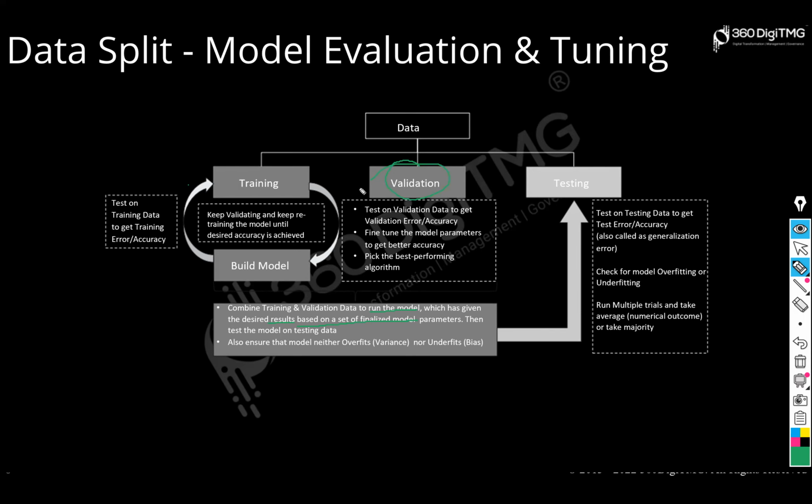I will tune my hyperparameters multiple times so that I will have a good model. Also ensure that the model is neither overfit nor underfit. My model should not be overfit or underfit. What is overfitting and underfitting? I will tell you.